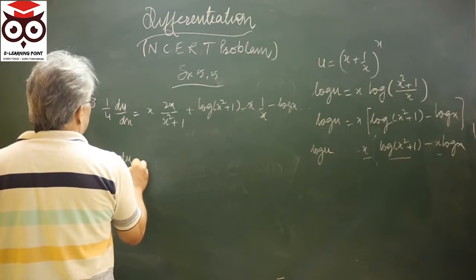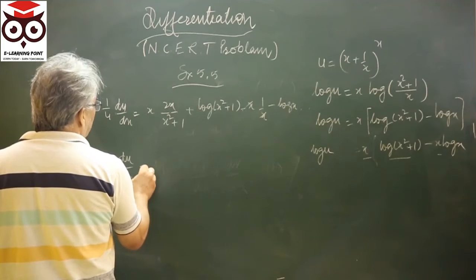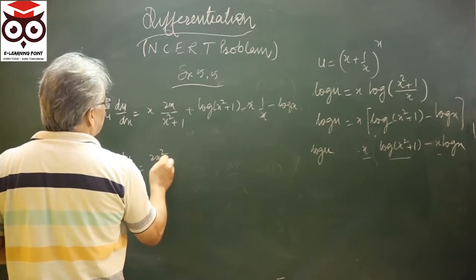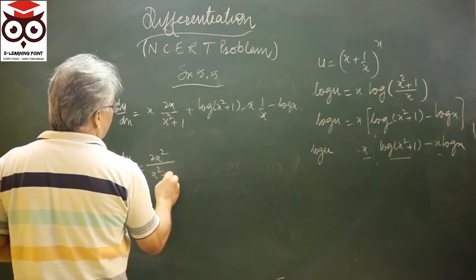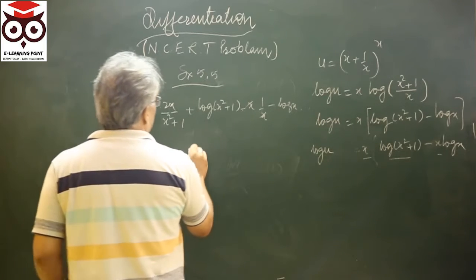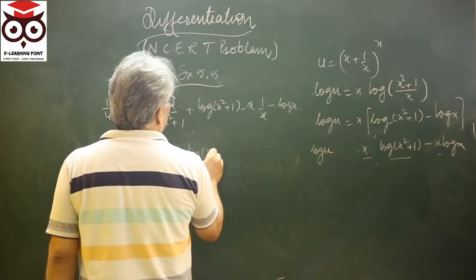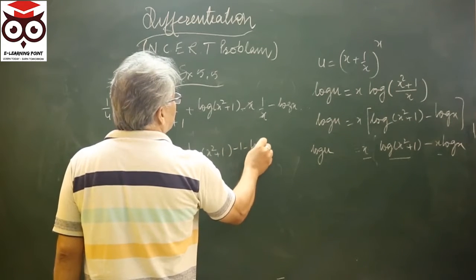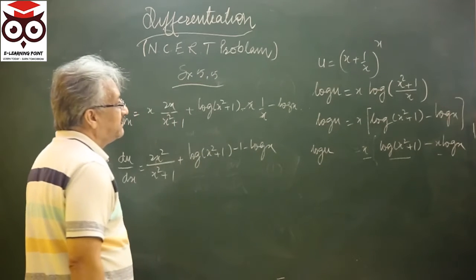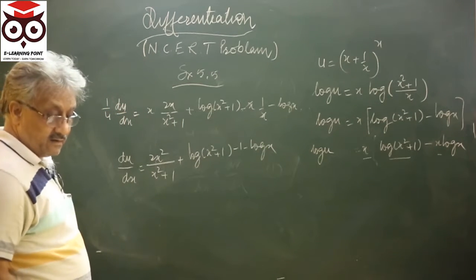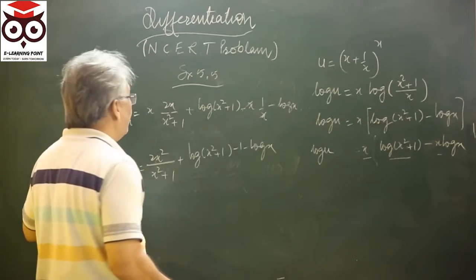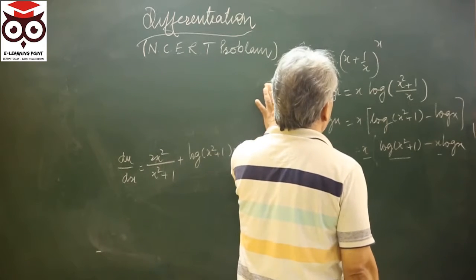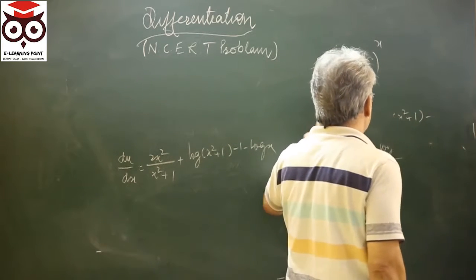So I can say du by dx is equal to 2x square plus 1 plus log (x square plus 1) minus log x. This is nothing but the differentiation of the first part. Now, how will I sort out the remaining portion of this question?